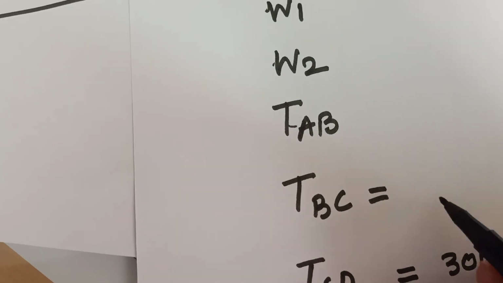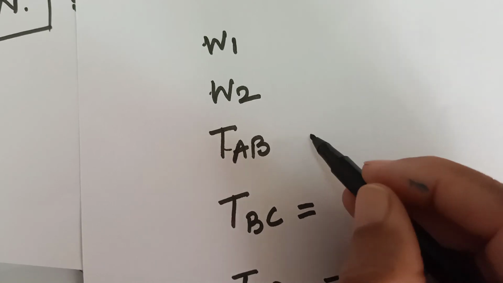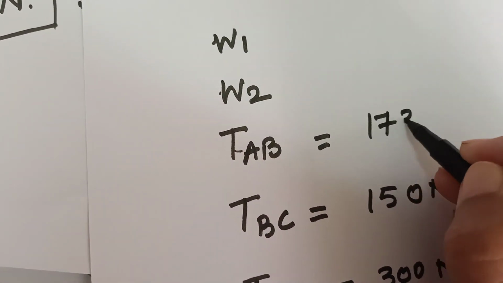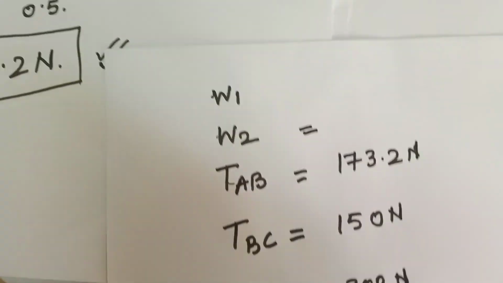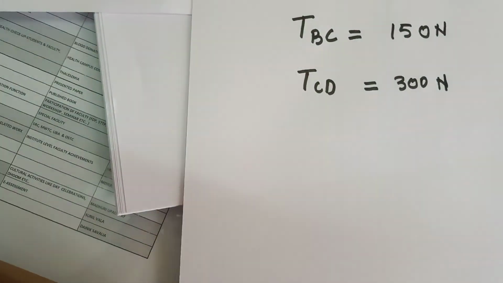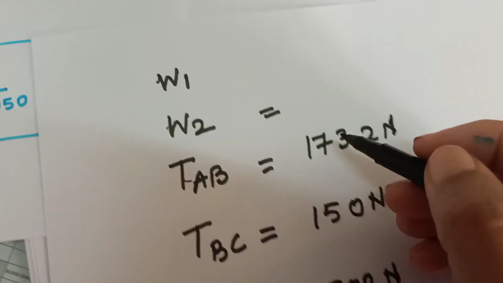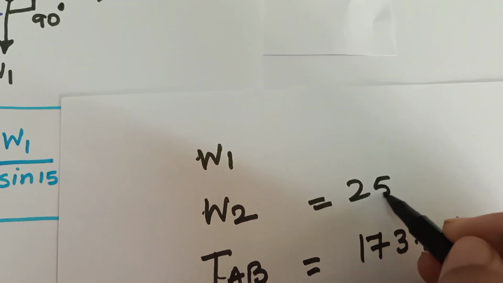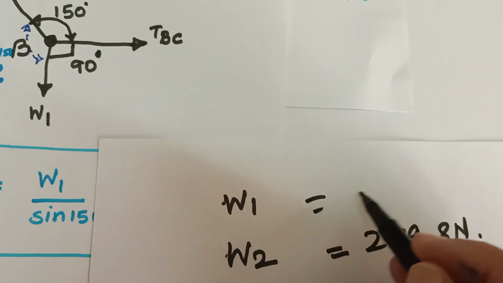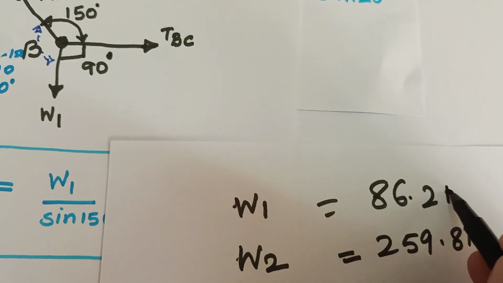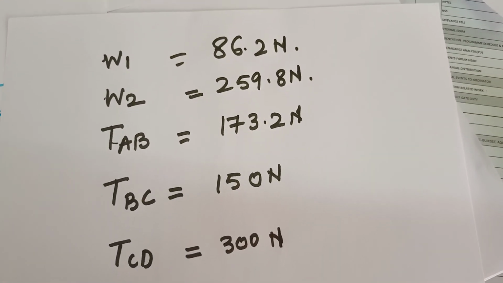Then TBC is 150 newtons. Then TAB is 173.2 newtons. Then W2 we have calculated as 259.8 newtons, and W1 we have calculated as 86.2 newtons. So this is our final answer.